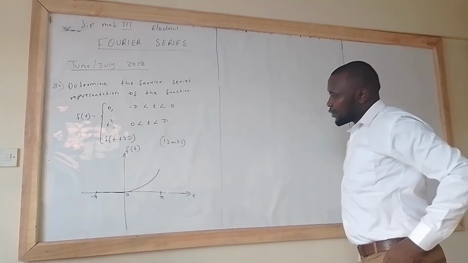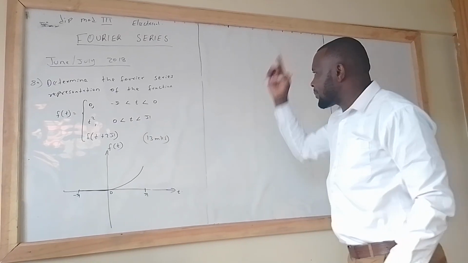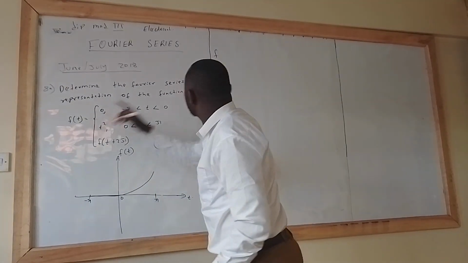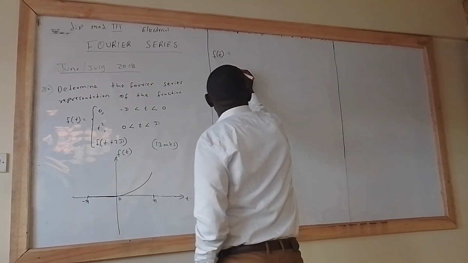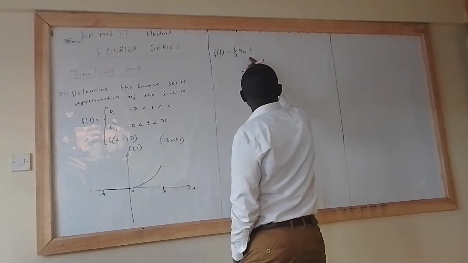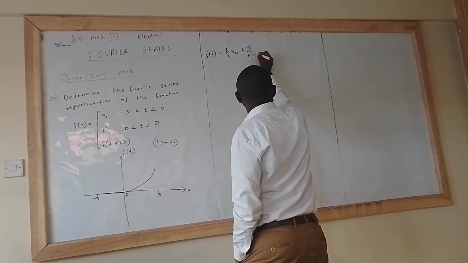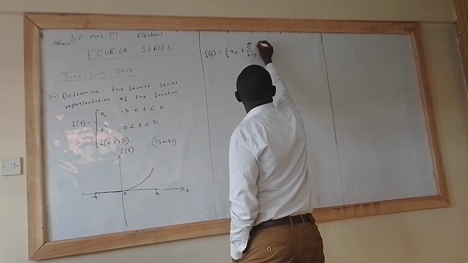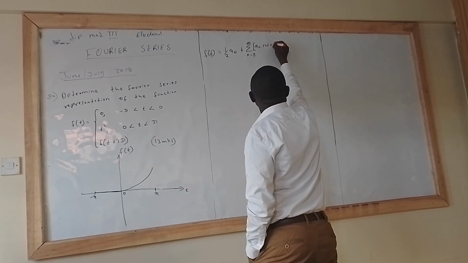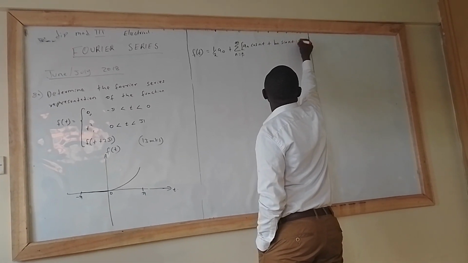After this, we need to write the Fourier series formula, and in our previous videos, we have done that. So we have f of t is given by a half a naught plus the summation of n equals 1 to infinity, open the bracket, an cos of nt plus bn sine of nt, close the bracket.